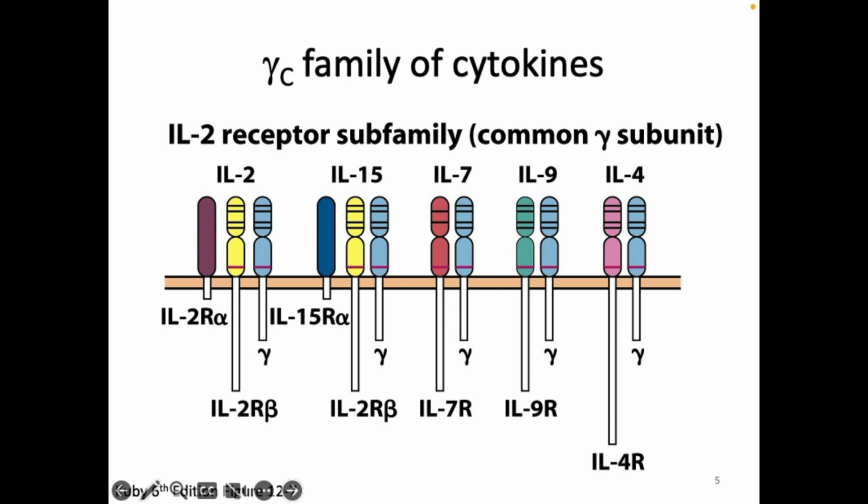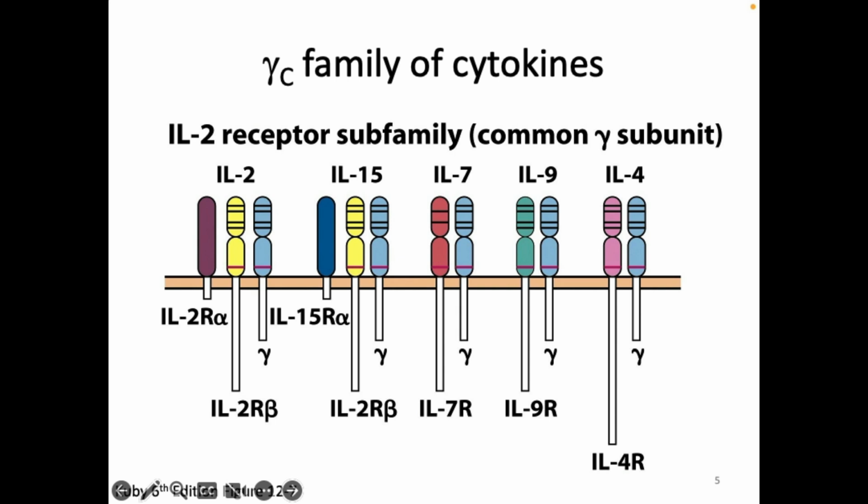So there are other cytokines that use this gamma chain paired with different partner proteins. In the case of IL-15, it's actually even the same beta chain and just a different alpha chain. With some other ones, it's basically just one other specific chain along with gamma.